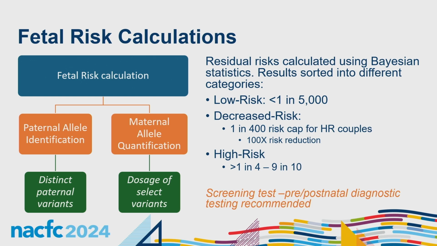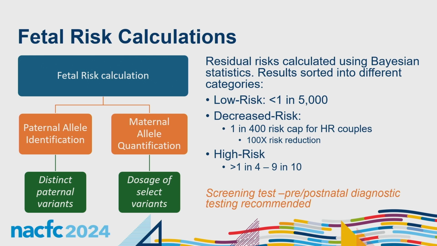And so we do paternal allele identification. We cover over 97% of paternal variants with this type of paternal allele identification. And then we add that together with whether or not we think the pregnancy has inherited the maternal variant, and voila, we have a fraction, which is helpful for some patients, not helpful for others.